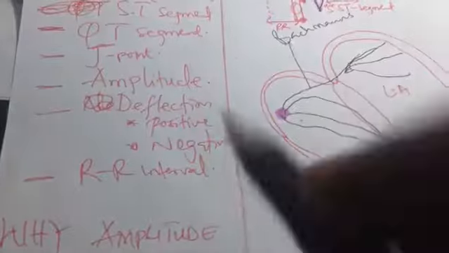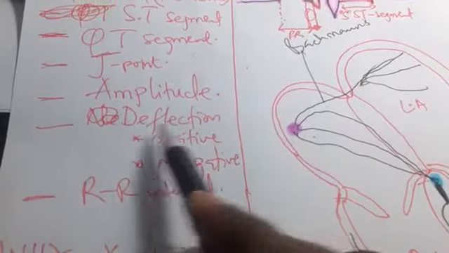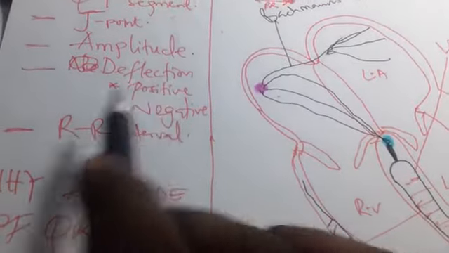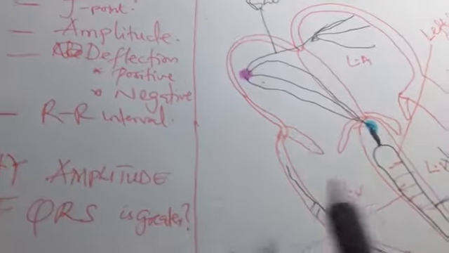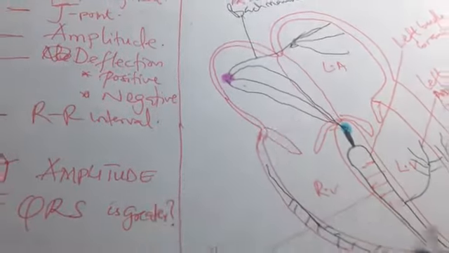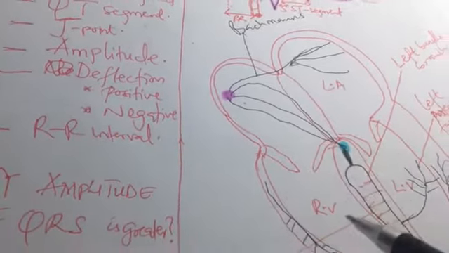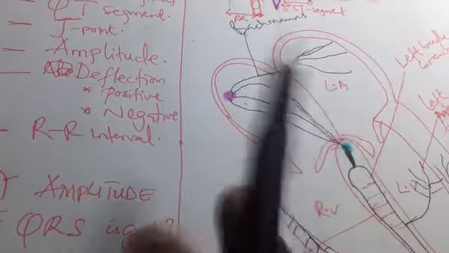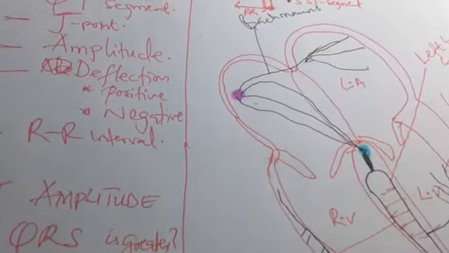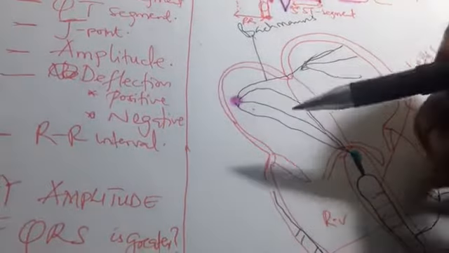So we have deflection. The deflection is dependent on the direction of the action potential, that is the way it's traveling. Different leads have different deflections. Some leads may share the same, but it depends on from which side the lead is looking at the heart.